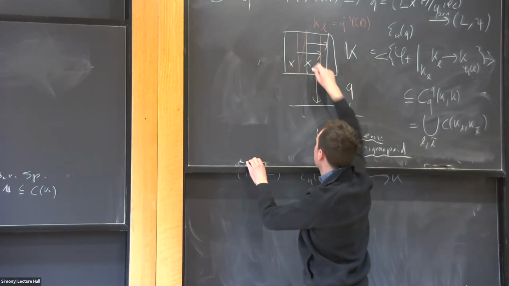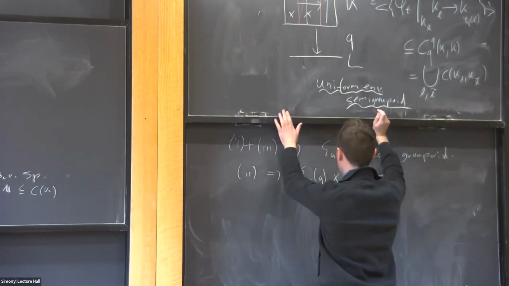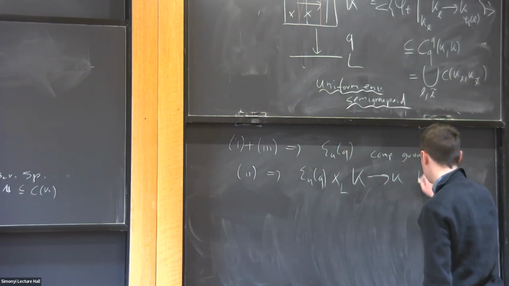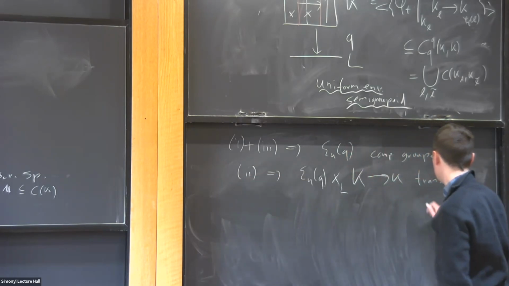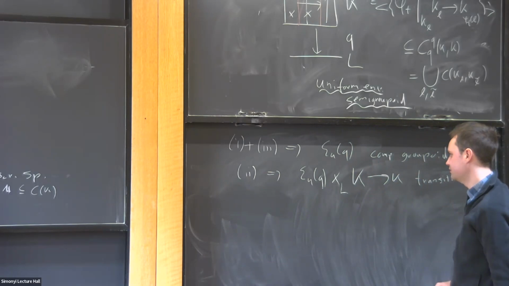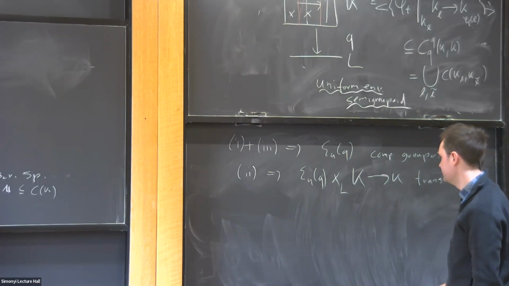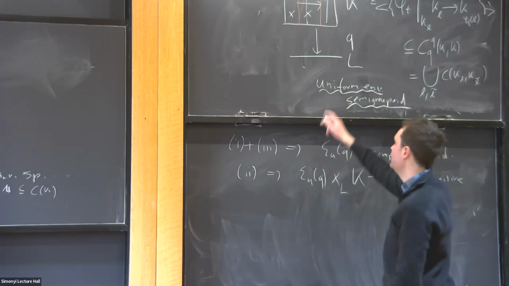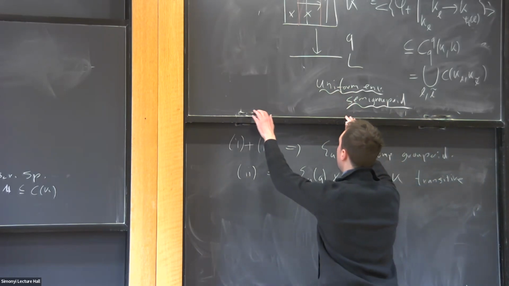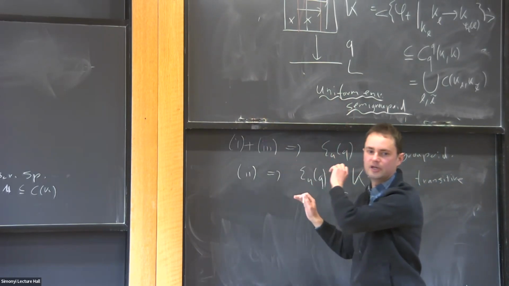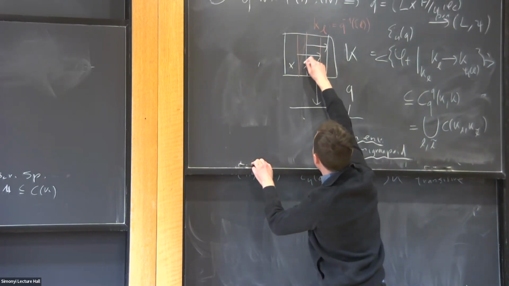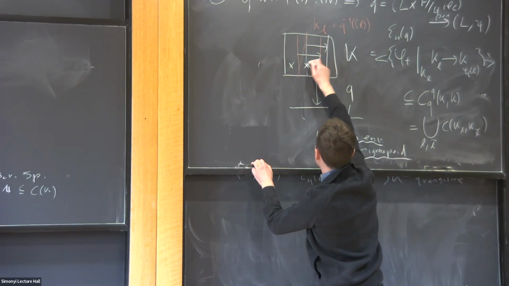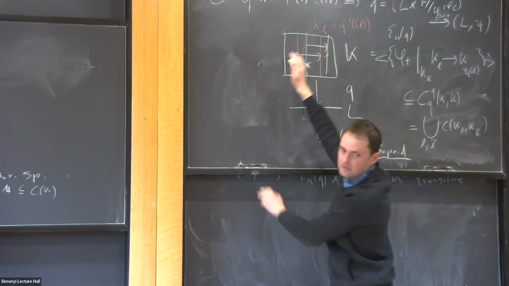I can only evaluate in points which are on this fiber. But again, part 2 of my 4 conditions here implies that this canonical action is transitive. So I can really reach every point from every other point by using an element of my enveloping semi-groupoid or groupoid. If I start with any point here, I can apply such a map to get to any other point in my space.